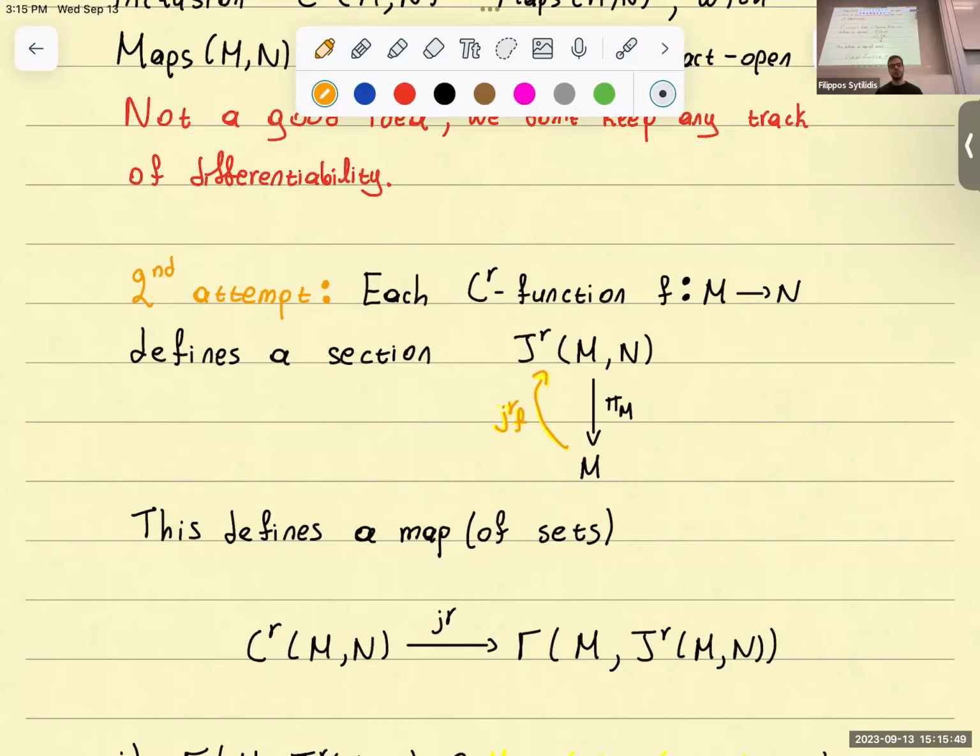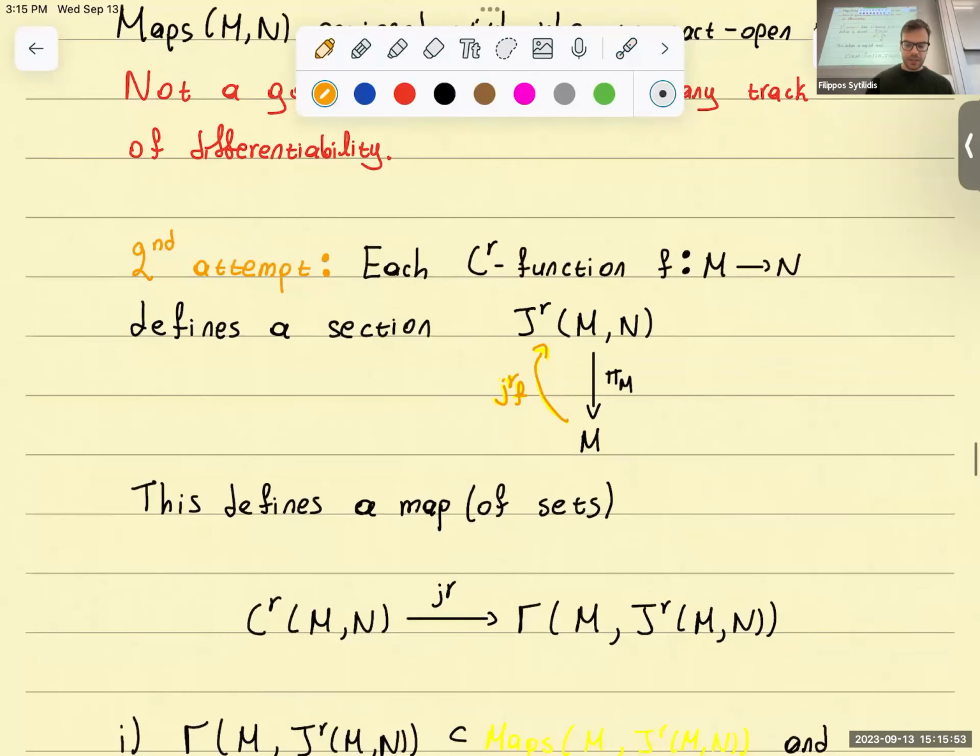Calling it j^r f. Is it clear how this section works? It's basically going to send a point m to the triple m, comma, the germ of f at m, comma, f of m. That's how I'll get it.